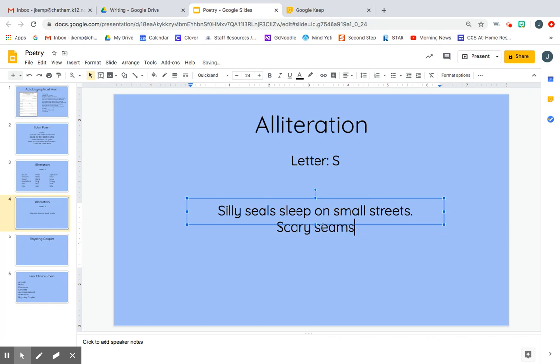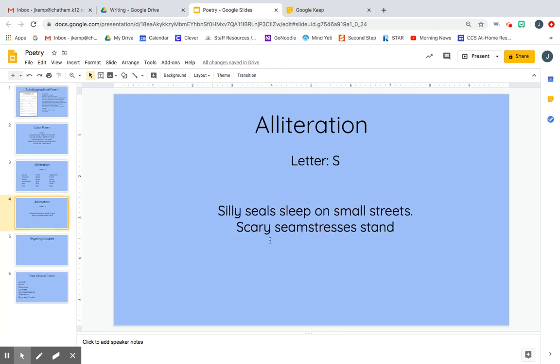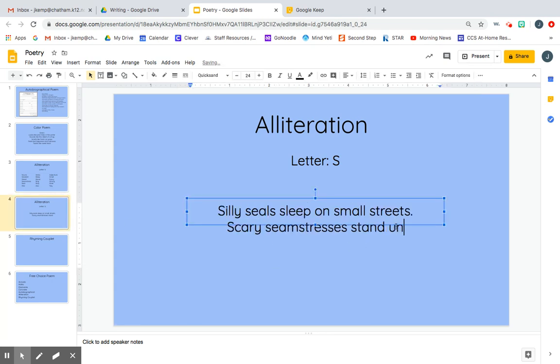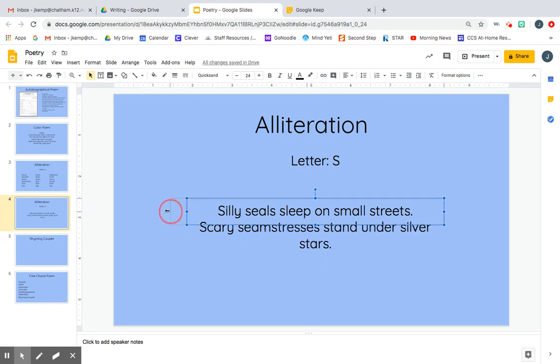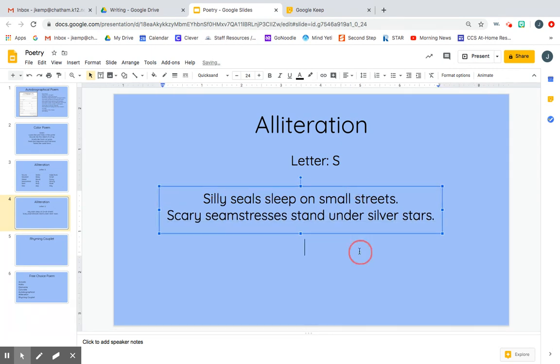Scary seamstresses stand under silver stars. And again, these don't really have to be like something that could actually happen. These are more of fictional sentences usually. So I have silly seals sleep on small streets, and I have scary seamstresses stand under silver stars.